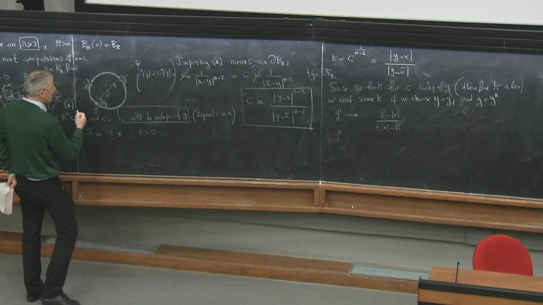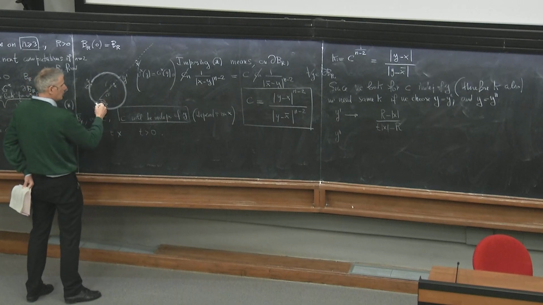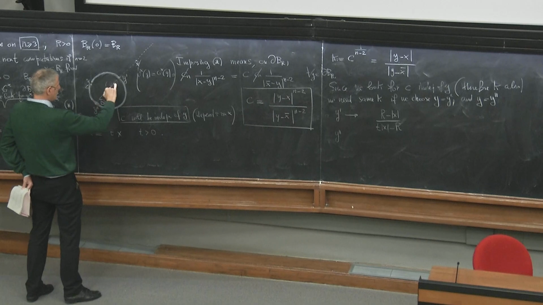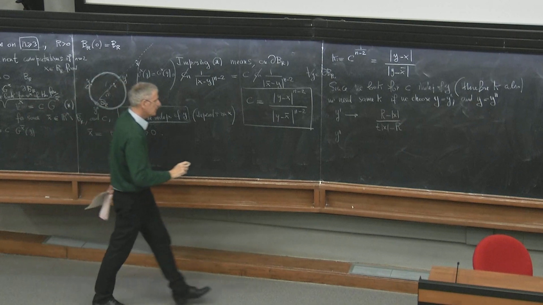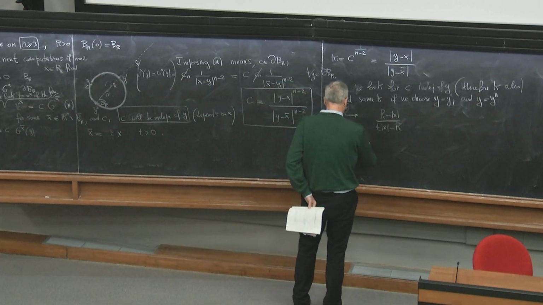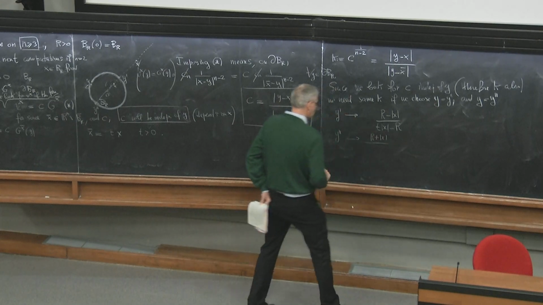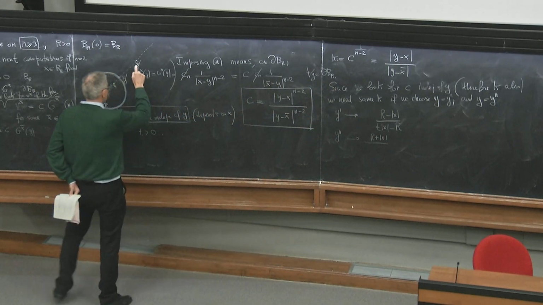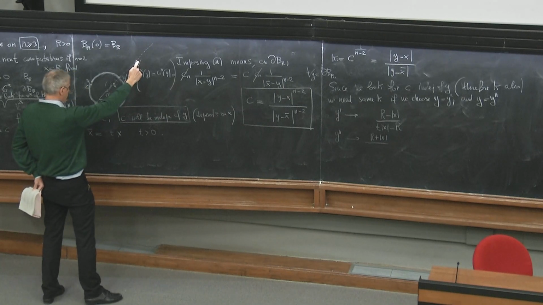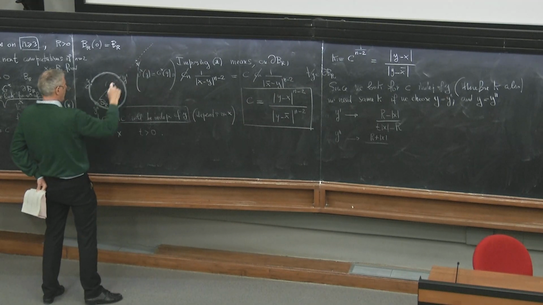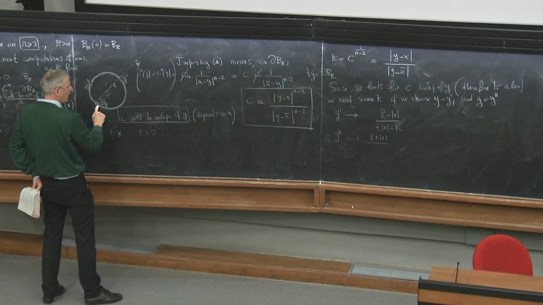So what happens if I take y second? Now the distance from y second to x is the radius plus the norm of x. And then the distance between y second and x bar is the norm of x bar plus r.